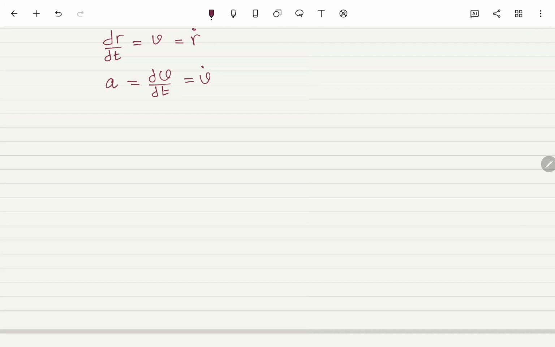Now let's define vector integration. The first vector integration is the line integral.